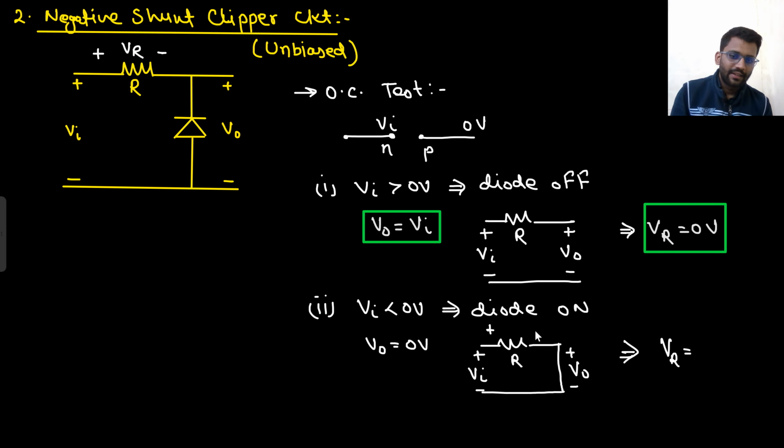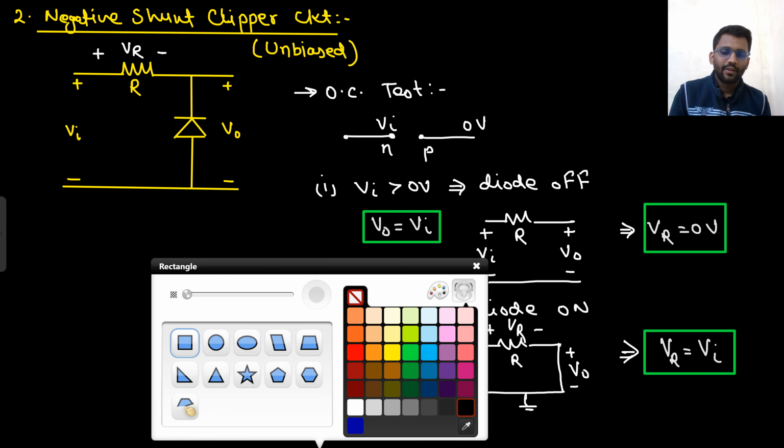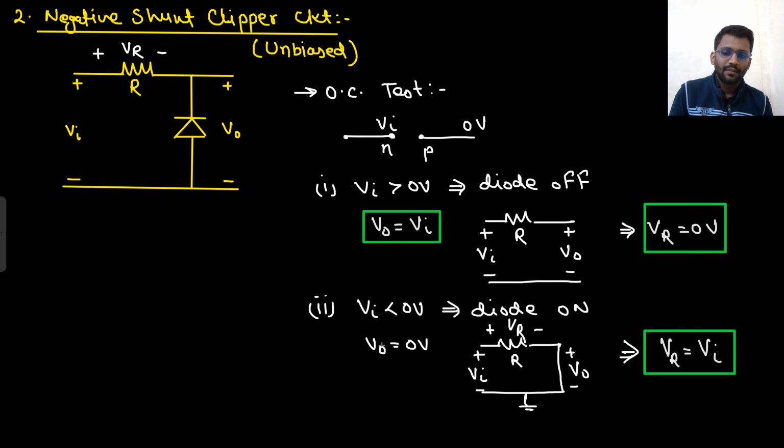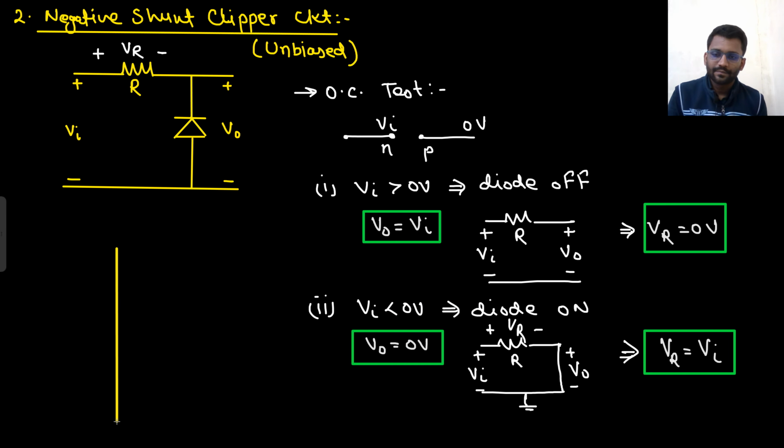Here V naught is 0, so this potential is 0 and this potential is V in. So here VR is equals to V in. Well and good. And what about V naught? V naught is 0 volt for V in less than 0, and for V in greater than 0, it is V in.